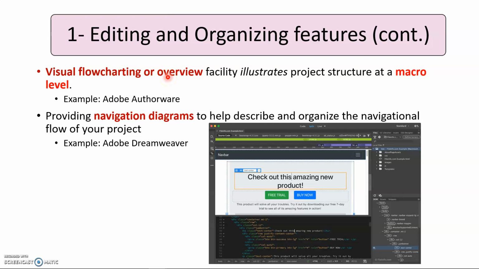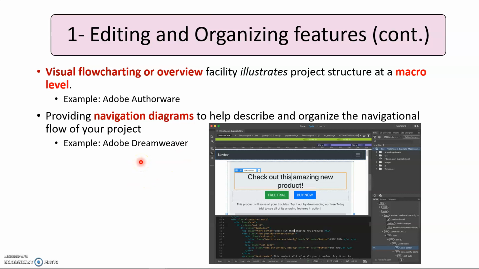So let's say your project is structured and the navigation is complicated. Instead of using a time-based authoring tool, which you find very confusing, you can use icon and object-based tools, for example, Adobe Authorware.